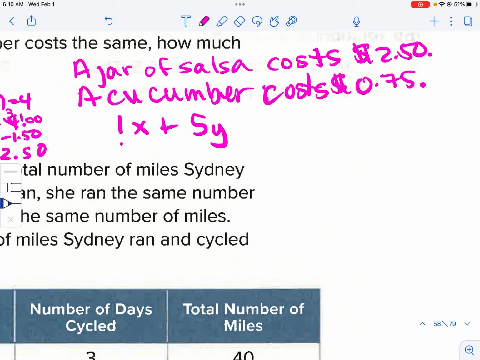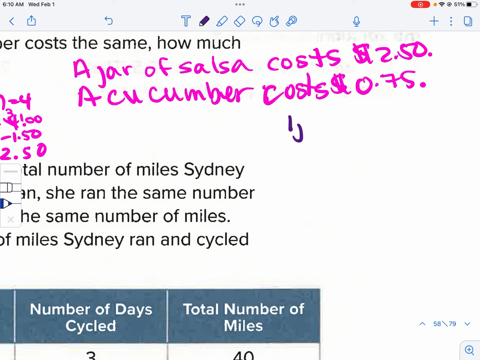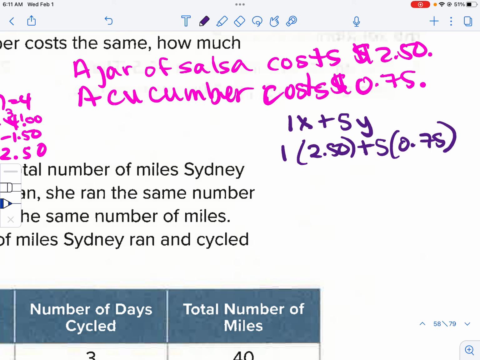So I'm going to take 1 and multiply it by $2.50. I need more space. Actually, give me a second and let me write it over here so I have some more space and I use a different color. 1 jar plus 5 cucumbers. So 1 times 2.50 plus 5 times 75. So that's $2.50, obviously.